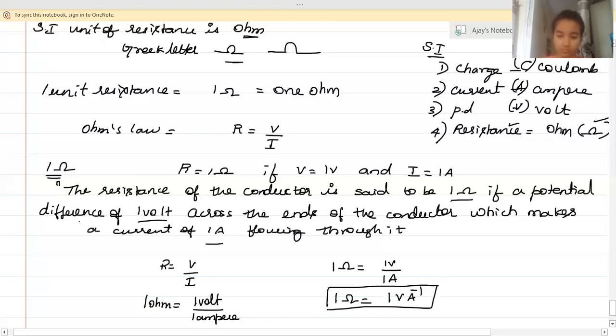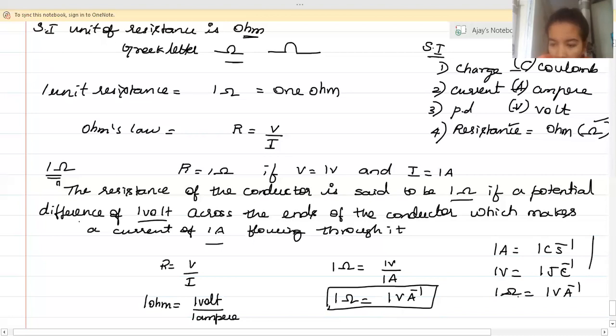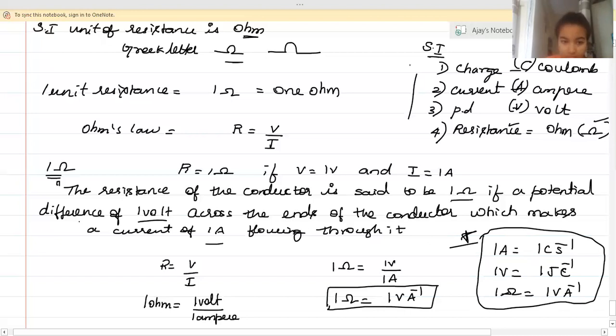Yesterday we saw 1 ampere is equal to 1 coulomb per second, 1 volt is equal to 1 joule per coulomb, and 1 ohm is equal to 1 volt per ampere. All these are very important for 1 mark. Till now we have learned 4.